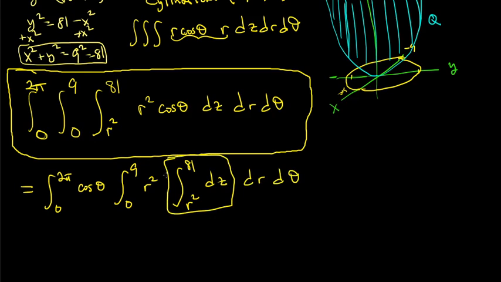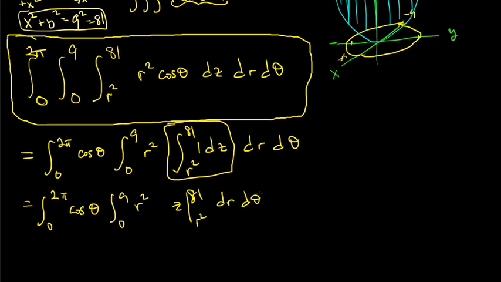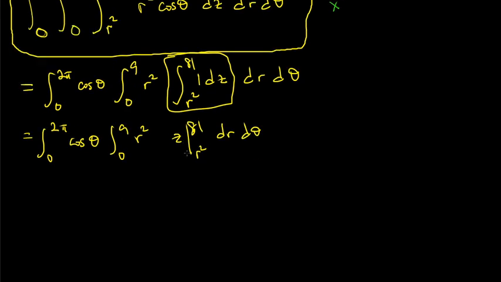We'll evaluate this integral, and this is just 1 dz. Just copying everything else down here. When you integrate 1, you just get z evaluated between r squared and 81. And so that's just 81 minus r squared.